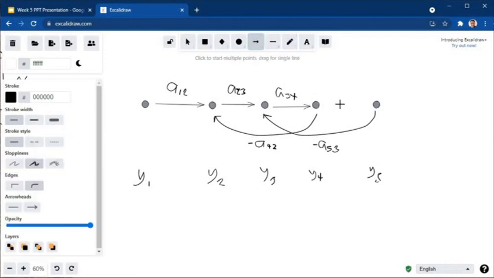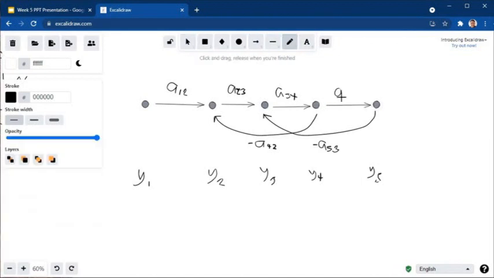We have a jumping signal here. This is node 4 to node 5, a 4 5. Then from node 3 to node 5, a 3 5. So the jump is not only in the reverse direction, it can also bypass some nodes.